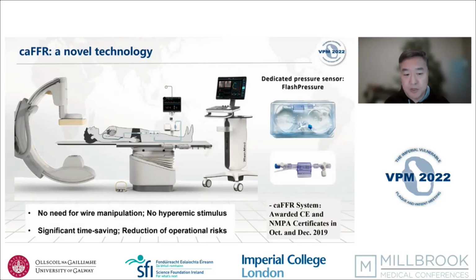Another part is our machine. With our machine, we don't need wire manipulation, for example, like the Abbott pressure wire. We don't need the hyperemia stimulus, and our CFD model can save time significantly. We can reduce operational risks.